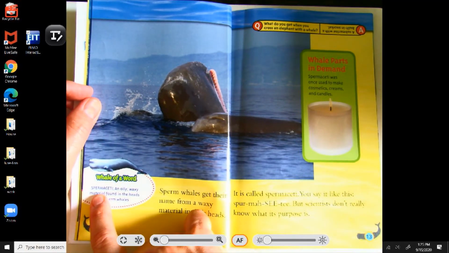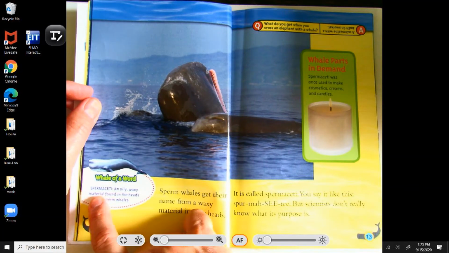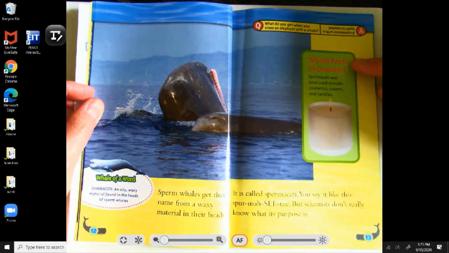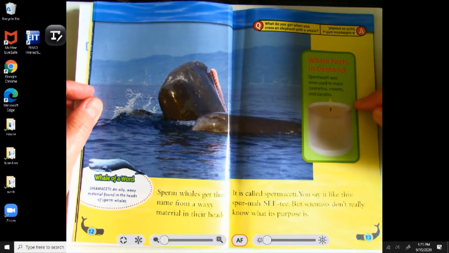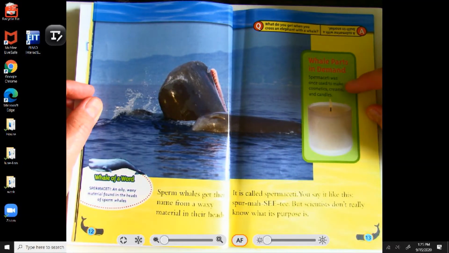This text feature is our whale of a word, spermaceti. An oily, waxy material found in the heads of sperm whales. And then here, a text feature, again like a fun fact. Whale parts in demand. Spermaceti was once used to make cosmetics, creams, and candles.